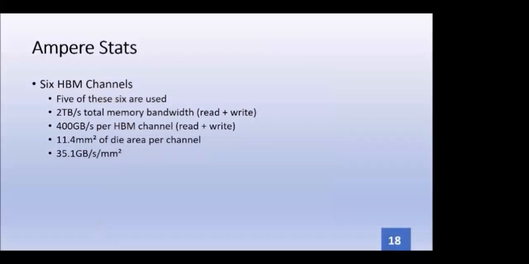If we tally up the Ampere the same way as we did EPYC, we see that the chip has 5 active HBM channels that combine to support 2 terabytes per second of read plus write memory bandwidth, or 400 gigabytes per second for each channel. Each channel consumes 11.4 square millimeters of die area to yield 35 gigabytes per second per square millimeter, or about 10 times that of EPYC.